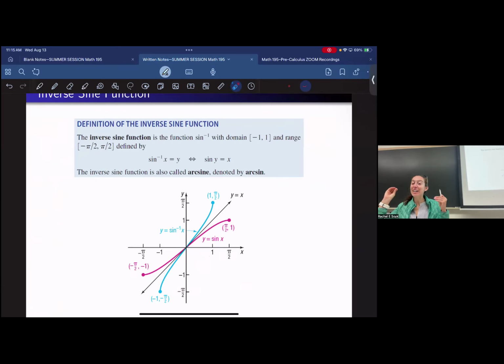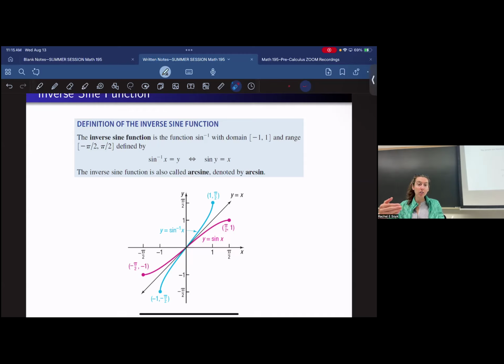Now let's look at finding the inverse of our sine function on that restricted domain. So what do we do whenever we find the inverse of functions? Well, first we have to make sure it's one-to-one, and we did. It's restricted on negative pi over 2 to pi over 2. And then we apply our inverse rules. We swap out our x and y, and we solve for our new y and put it into proper inverse function notation.